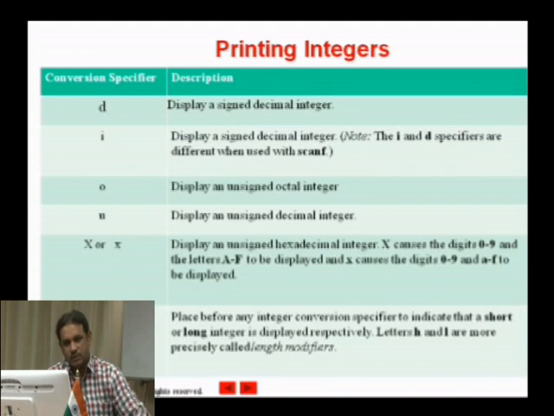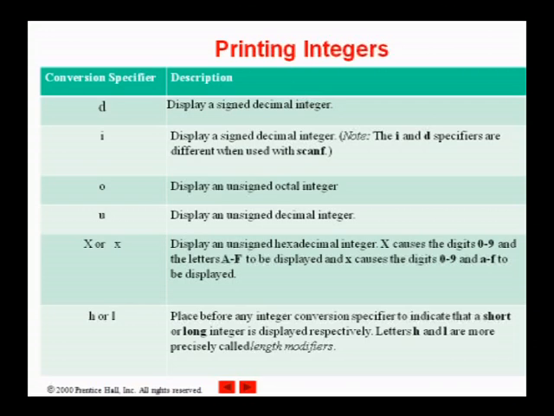There are different types of conversion specifiers. When you use percentage d, as I told you, it displays a signed decimal integer. It may be positive as well as negative, but only the negative sign is displayed, whereas the positive sign is not displayed.